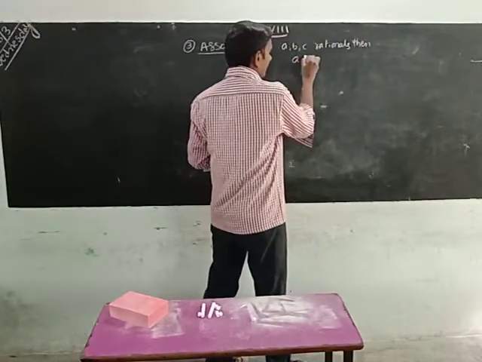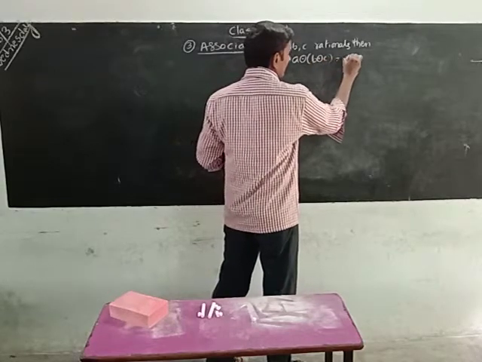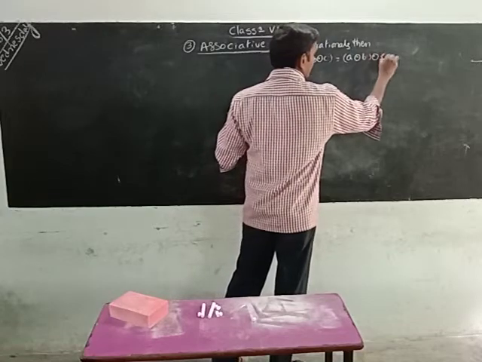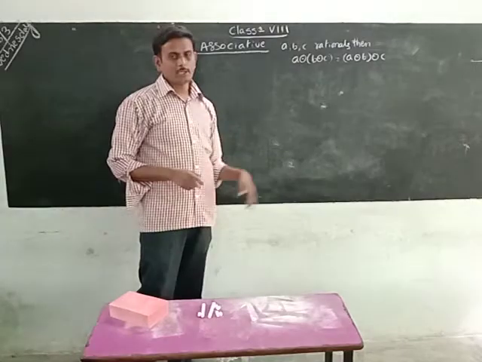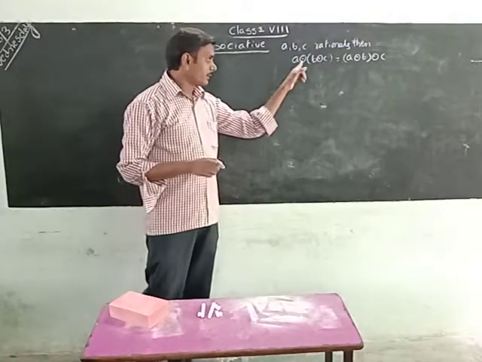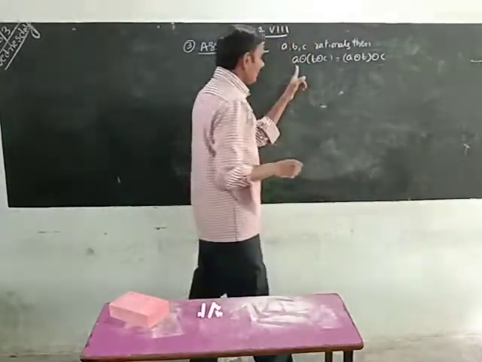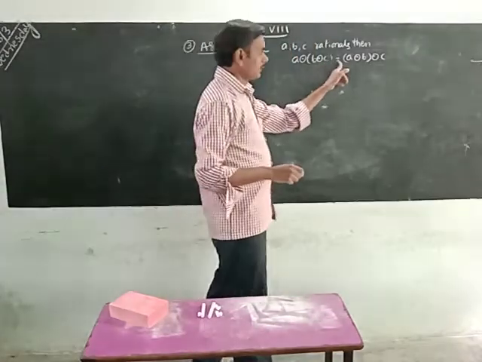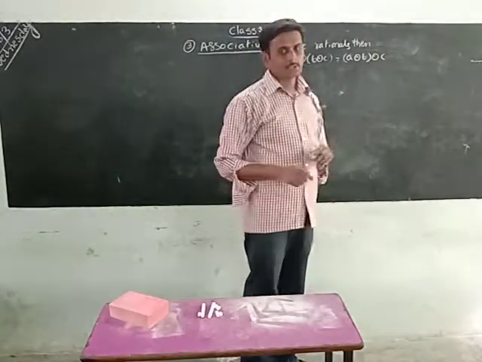A circle B circle C equals A circle (B circle C), where the circle means any one of the operators. Whichever operator we use at the start, that only we have to use throughout.